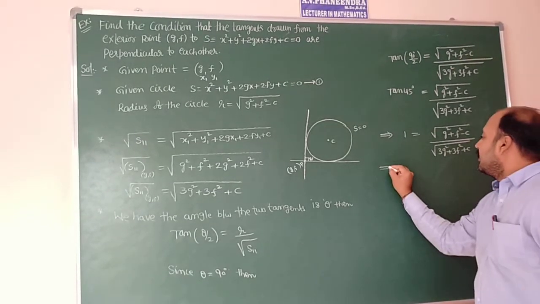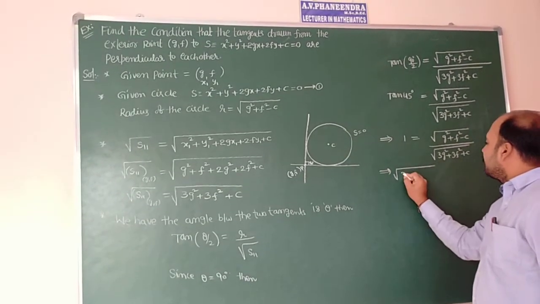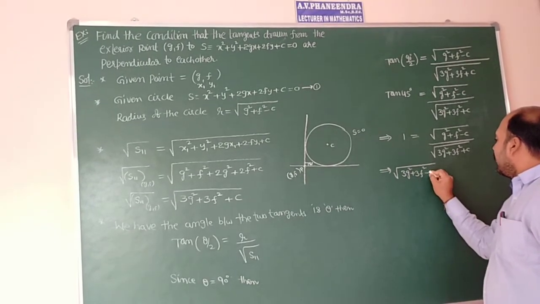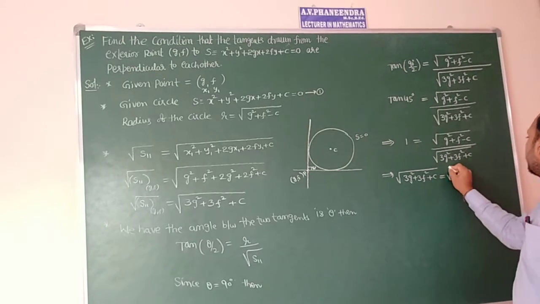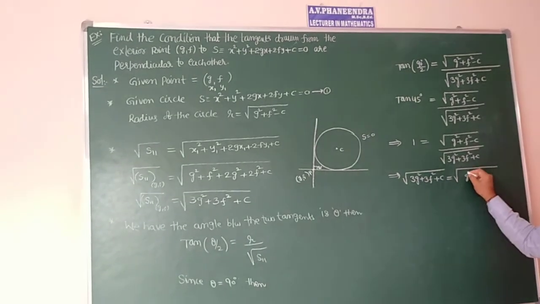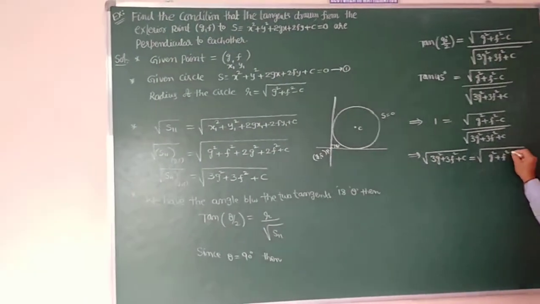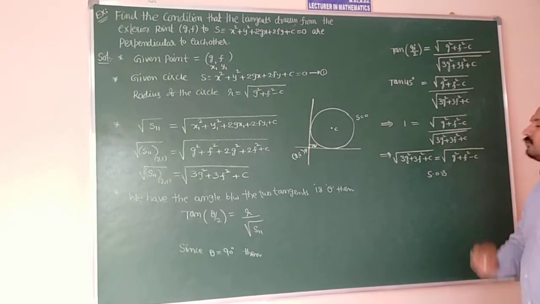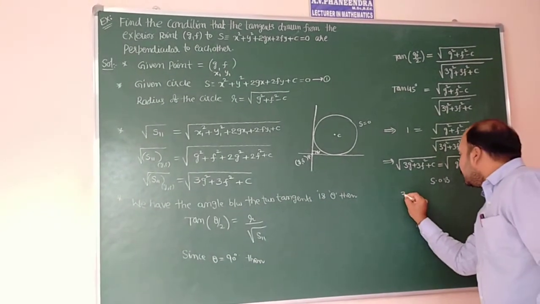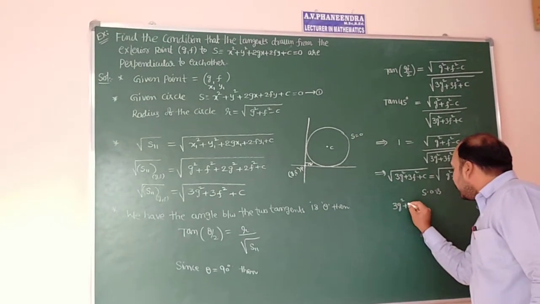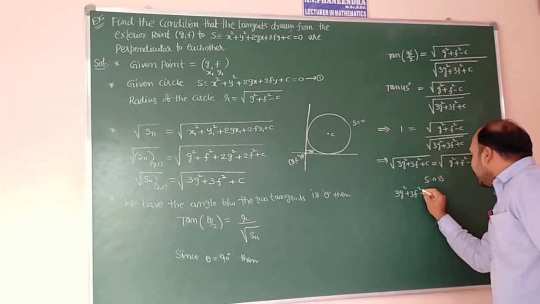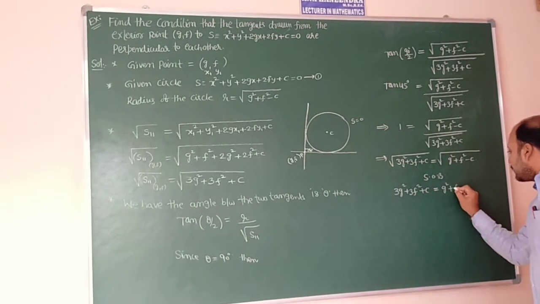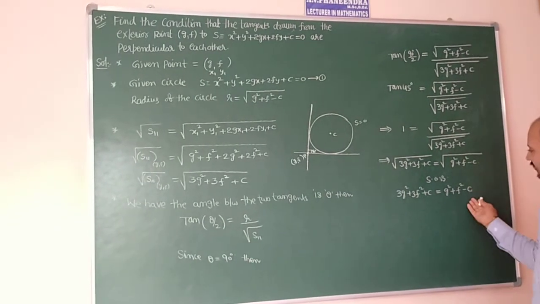Cross multiply: square root of 3g square plus 3f square plus c is equal to square root of g square plus f square minus c. Squaring on both sides, 3g square plus 3f square plus c is equal to g square plus f square minus c.